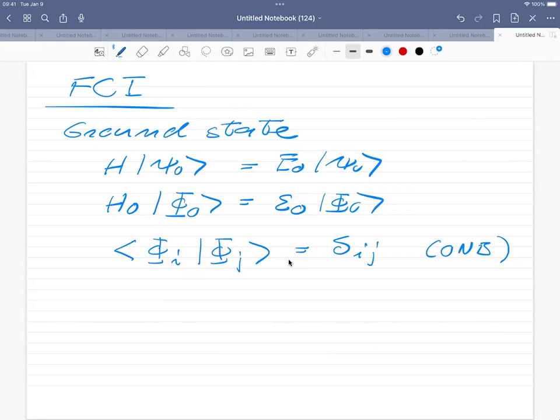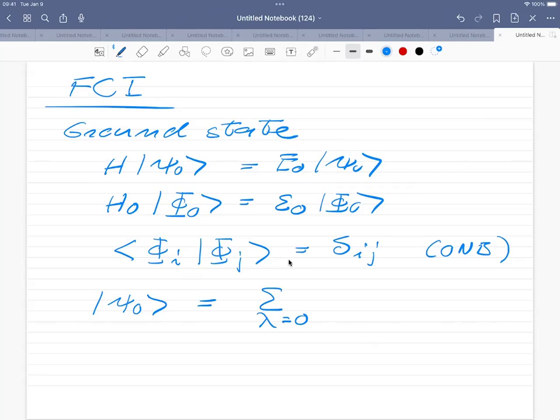So that means that when we have this complete basis of the Slater determinants, what we can do then is to expand this ground state in terms of the basis of Slater determinants. So this basis phi of I is a complete orthogonal and normalized basis. So I can now make a summation over all these states, and in principle this goes to infinity, but we are going to replace infinity with a truncation.